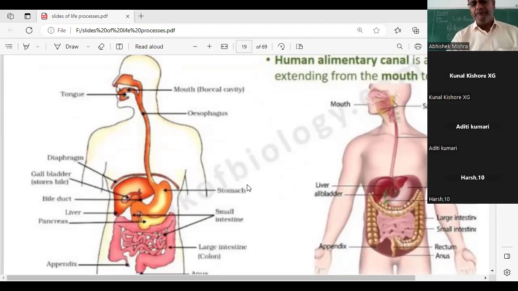Breaking of food in the mouth. Do teeth bring about chemical digestion or only physical digestion of the food? It brings about physical digestion. Physical digestion, very good.